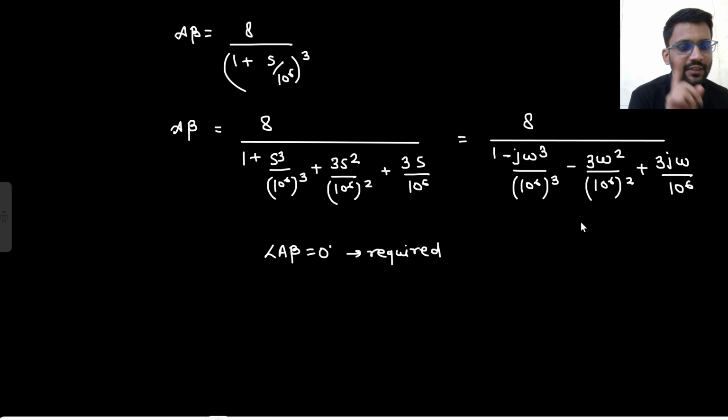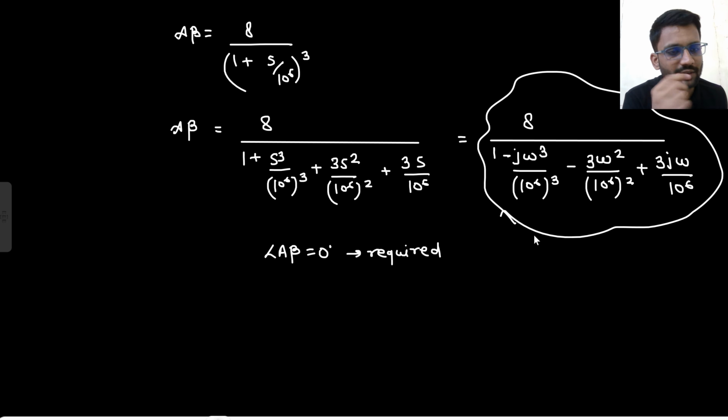If you need 0 degree phase shift, this number has to be real. If this number is imaginary, then certainly there is some phase shift, right? A beta has to be real.